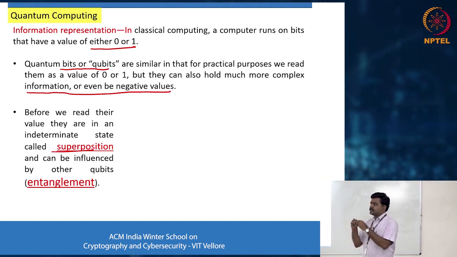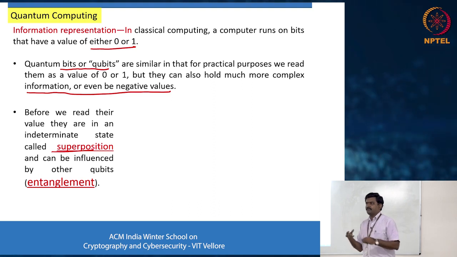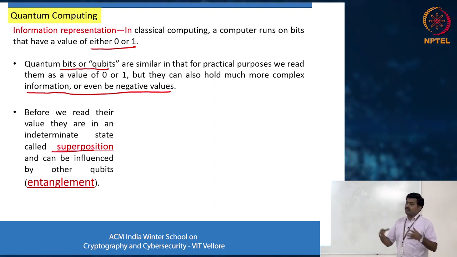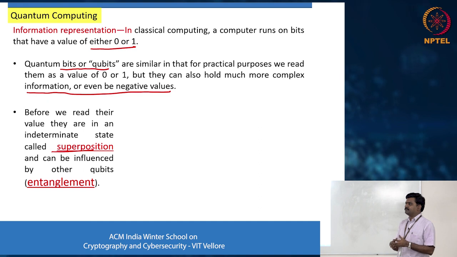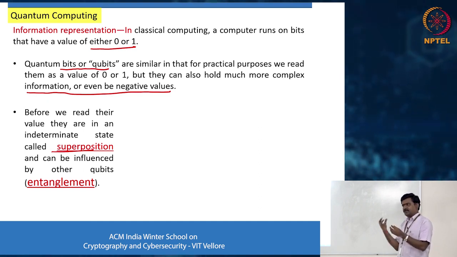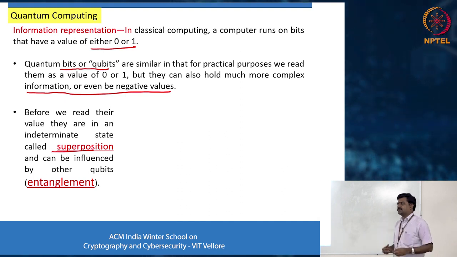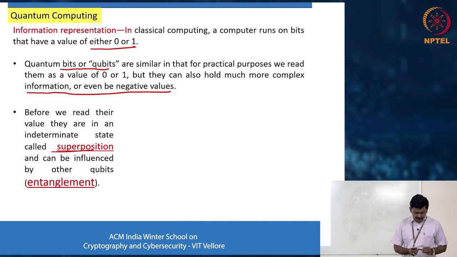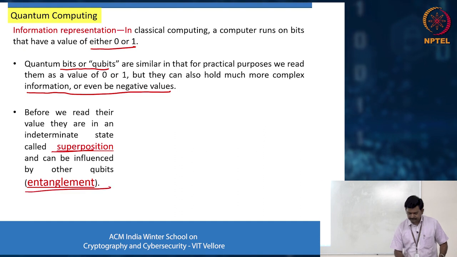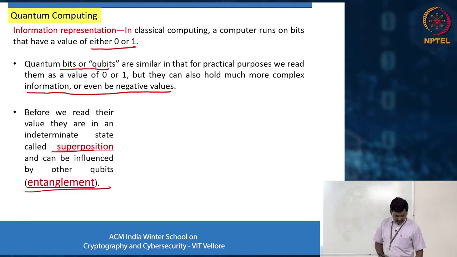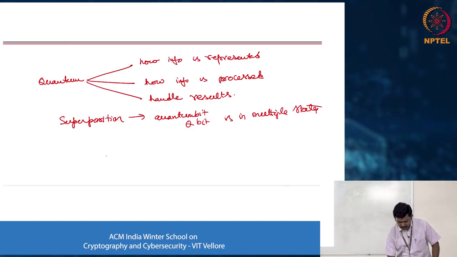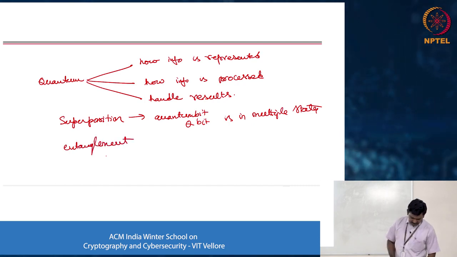But in the case of a quantum computer, these qubits are all interlinked, so they work together. That means one qubit affects another qubit, which affects another qubit. This phenomenon is called entanglement. So superposition, entanglement, right?